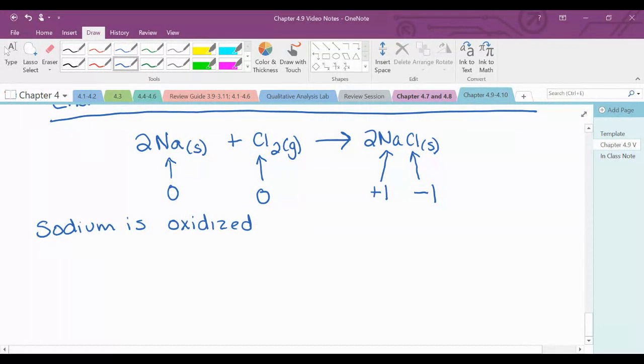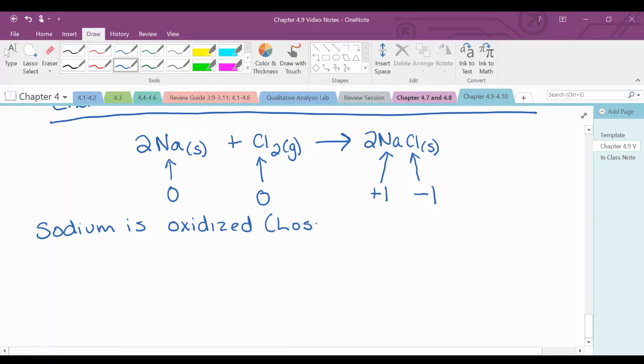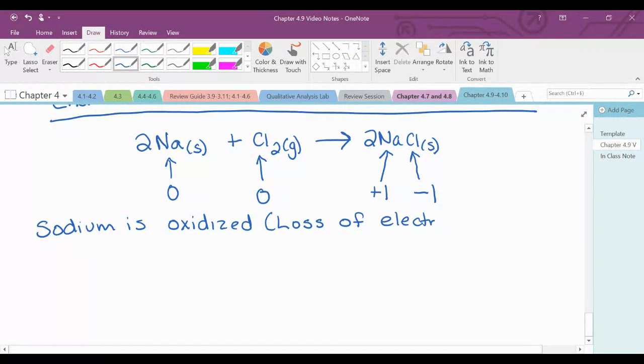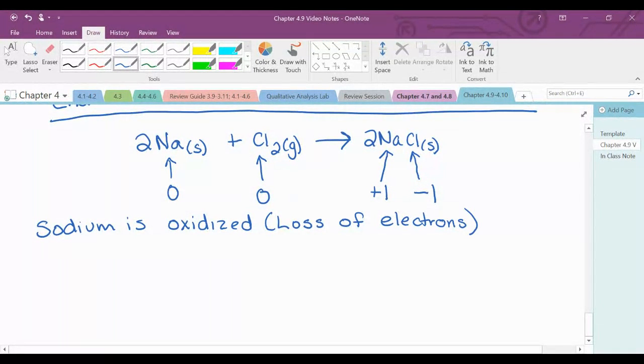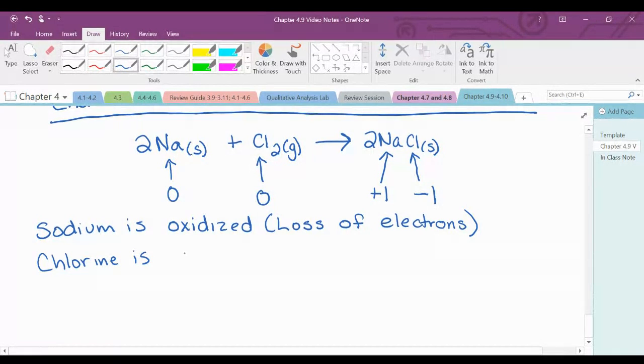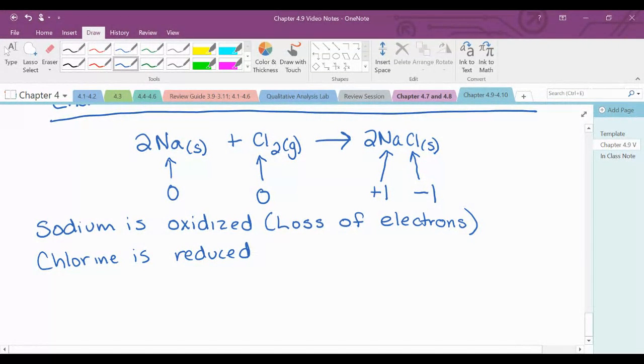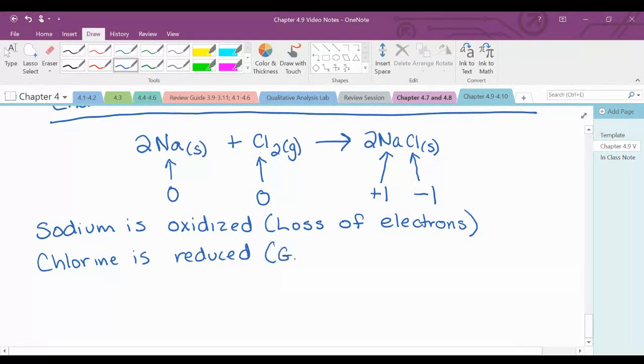You're going from 0 to a +1, so there's a loss of electrons. Chlorine is reduced because you're going from 0 to a -1, so there's a gaining of electrons.